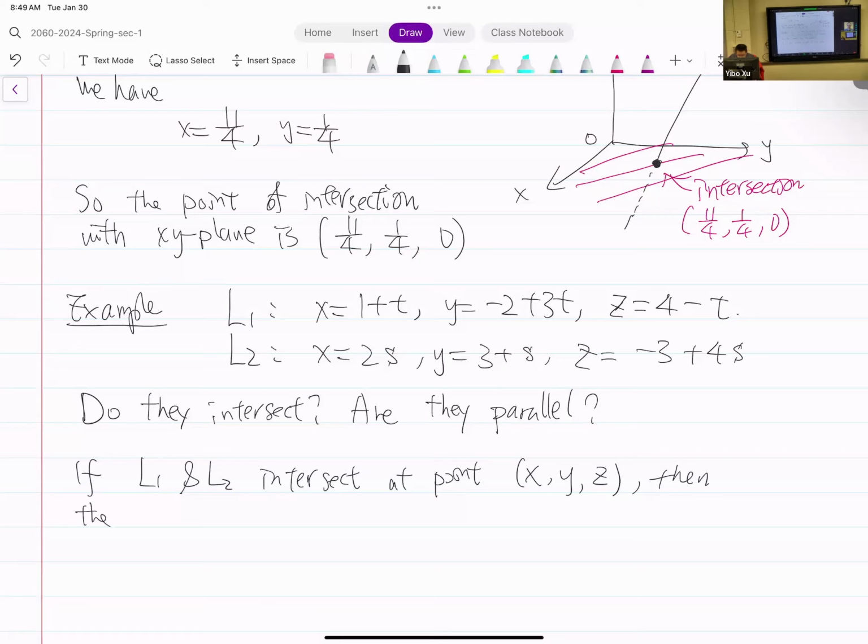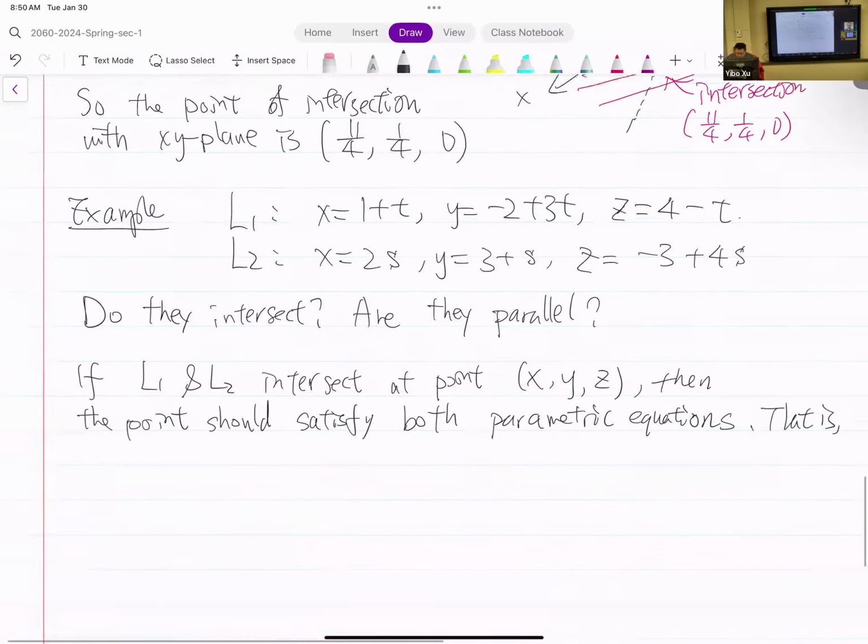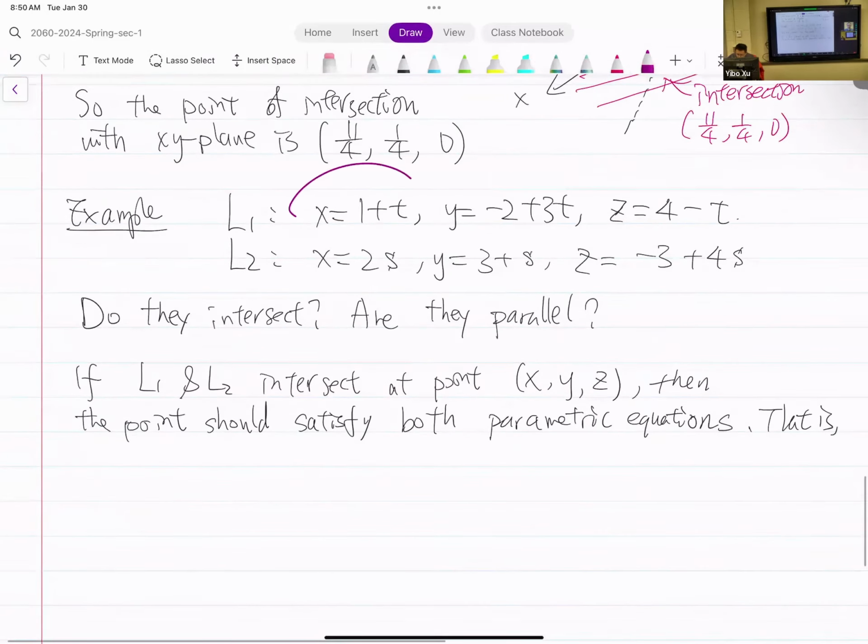So the point should satisfy both parametric equations. That is, these two x values must be equal, y values must be equal, and z values must be equal.